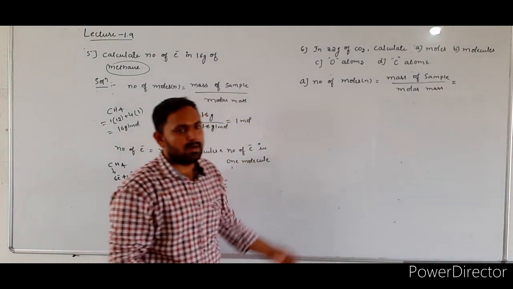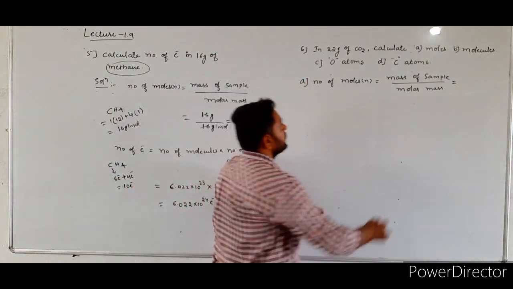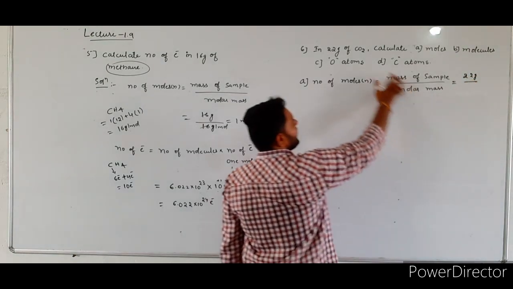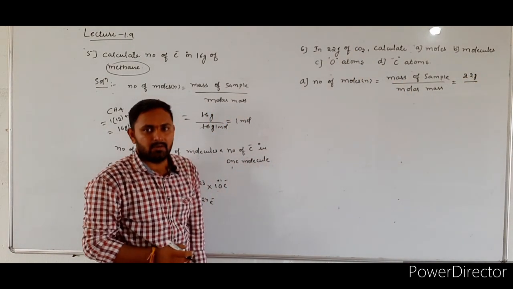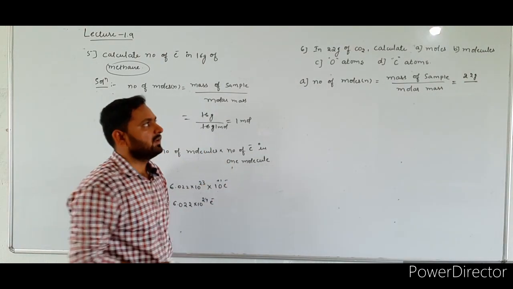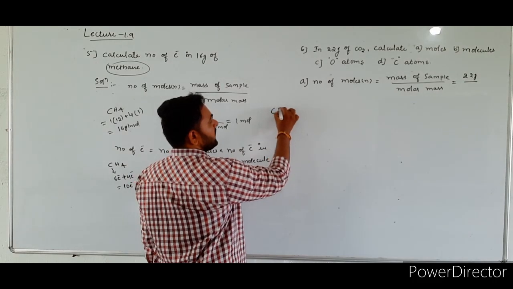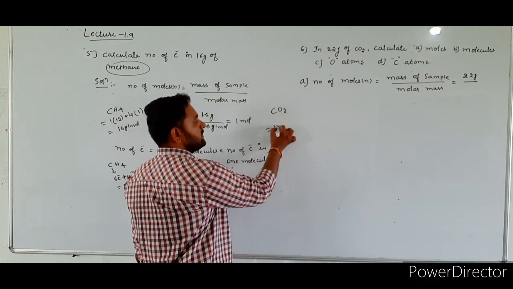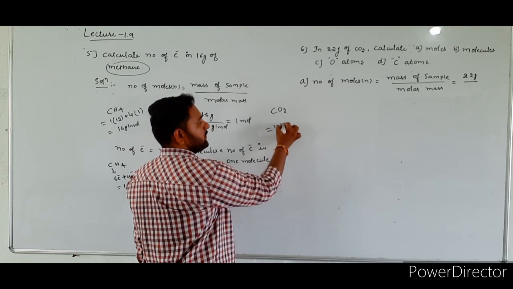Okay, what is the mass of the sample? 22 gram, divided by what is the molar mass of carbon dioxide? How do you calculate it? Just by adding the atomic masses of all the atoms present in a molecule. Carbon dioxide, right? How many carbon atoms are there? 1. What is the atomic mass of 1 carbon? 12.